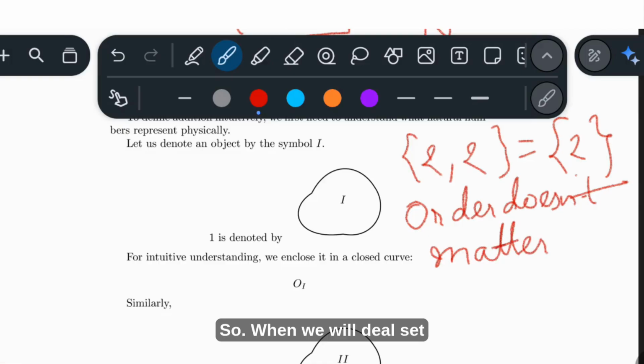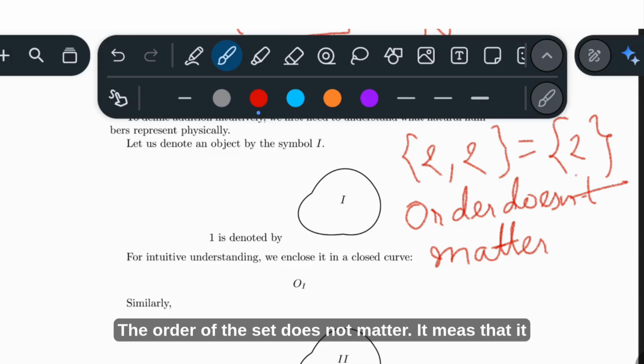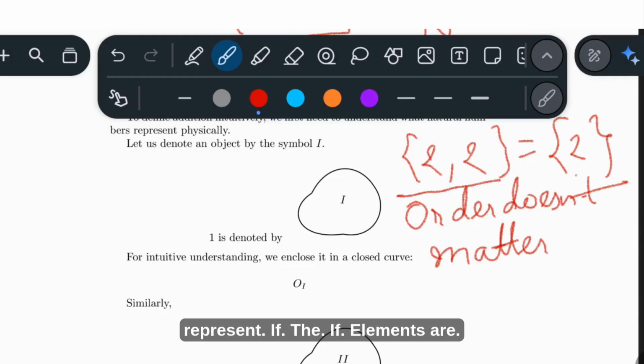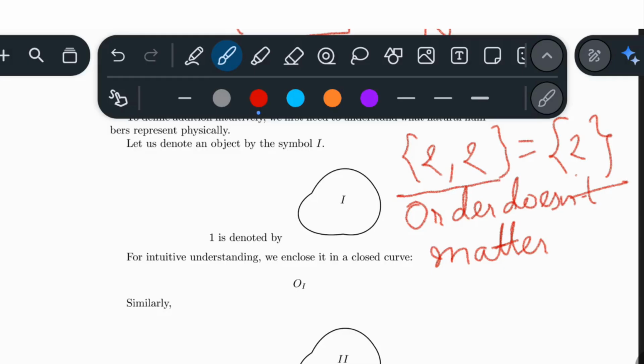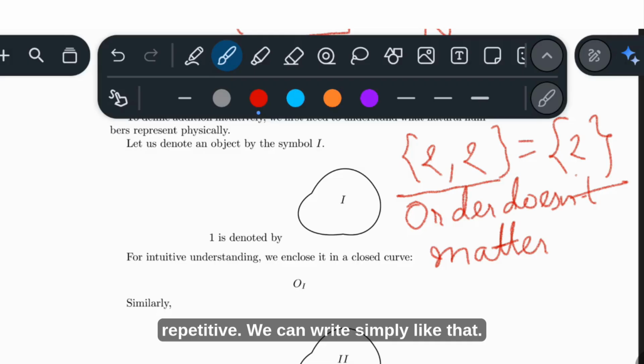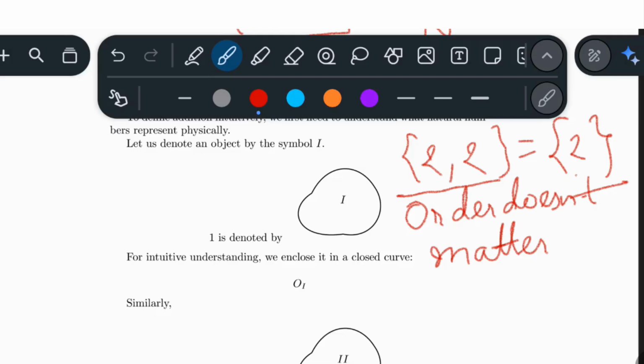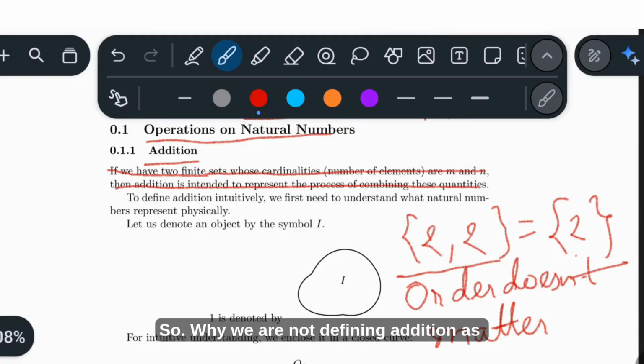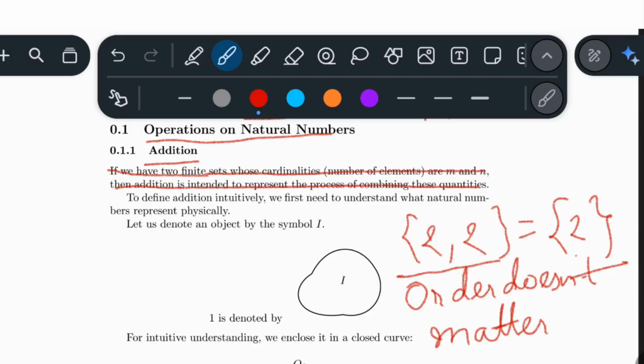So when we deal with sets, we need to know that the order of the set does not matter. It means that if the elements are repetitive, we can write it simply like that. So why are we not defining addition through cardinalities?